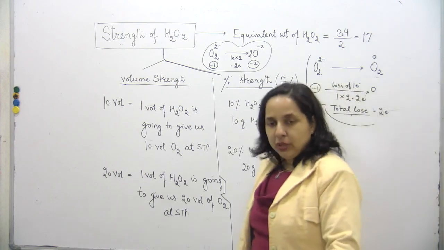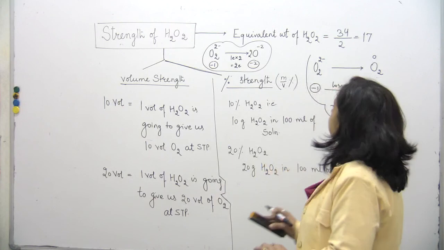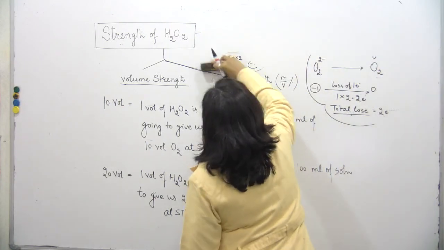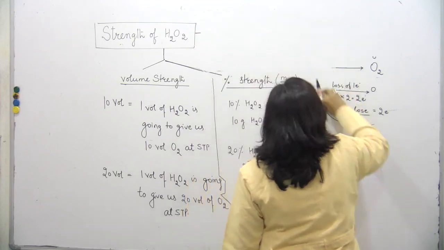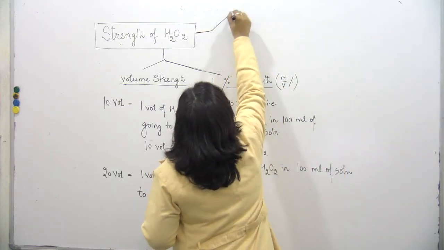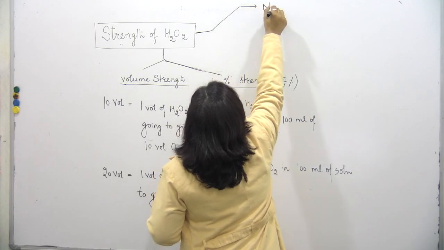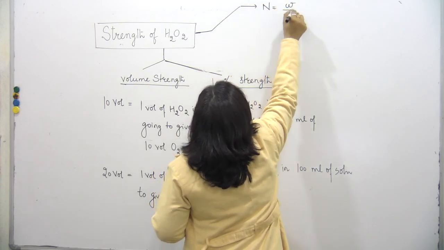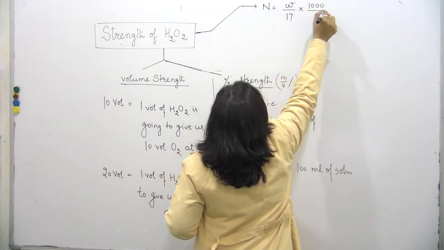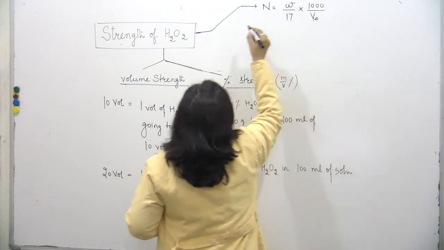Now we have the formula and interconversion of these strengths. If we want to talk about normality, normality is weight upon 17 into 1000 upon volume of solution.